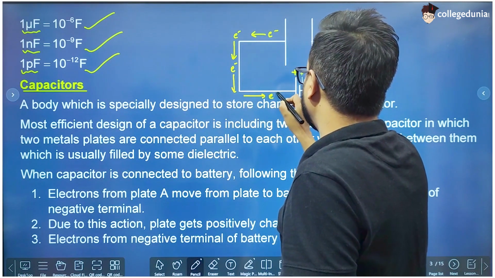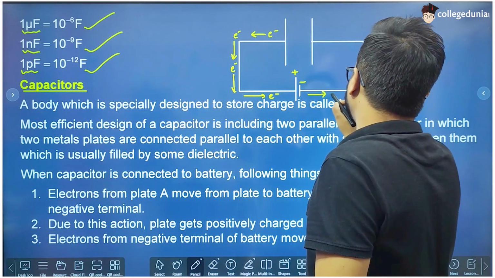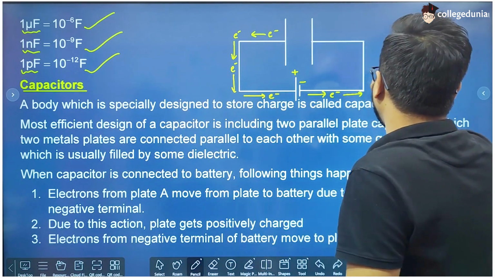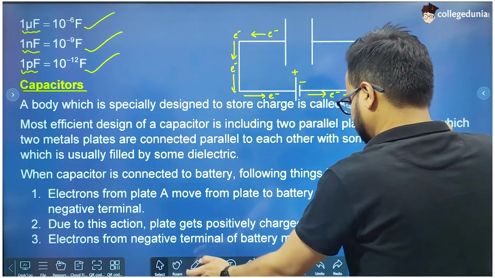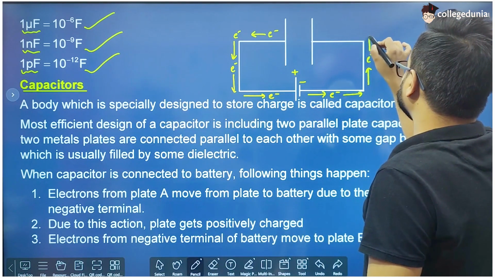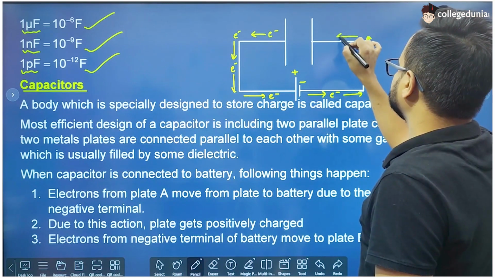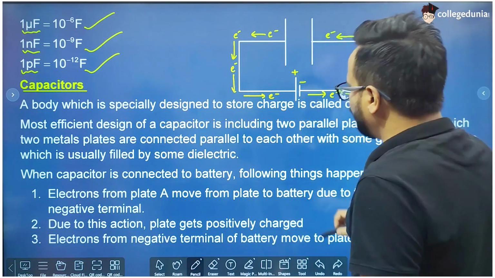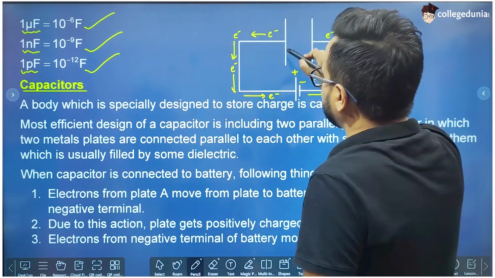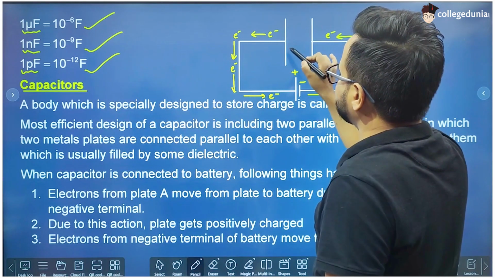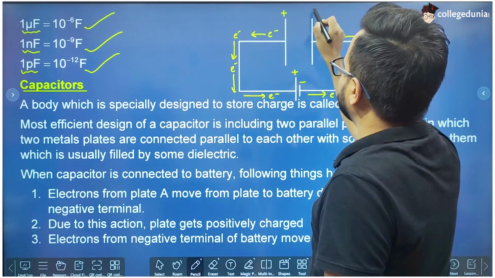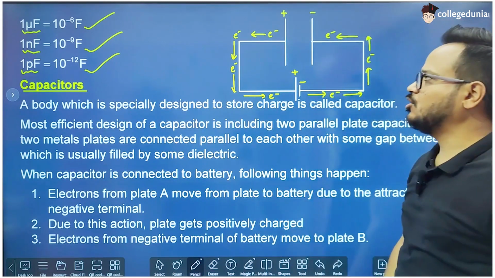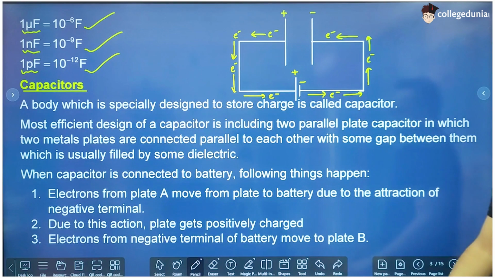And the negative terminal starts giving electrons to the other plate of the capacitor like this. So with time, this plate, since it is losing electrons, starts acquiring positive charge, and this plate, since it is gaining electrons, starts acquiring negative charge.